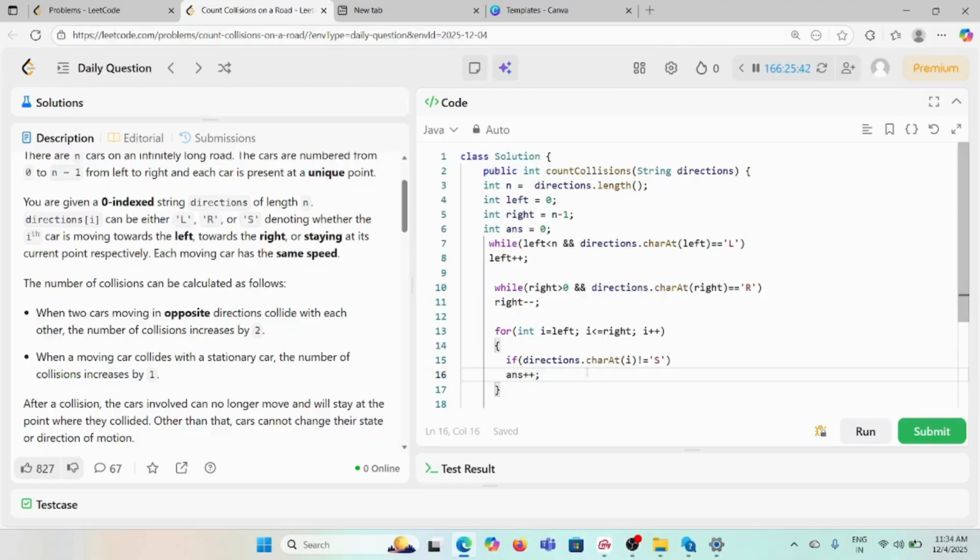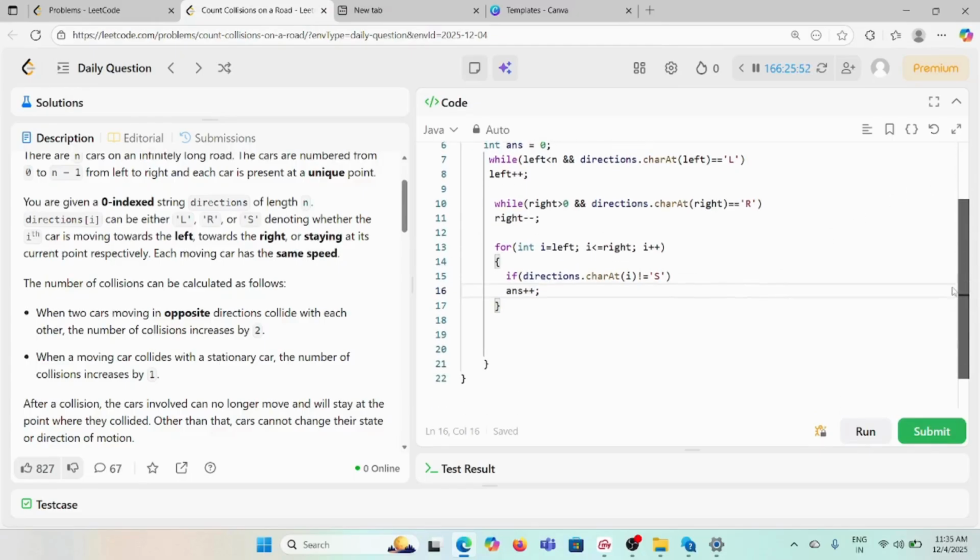Whoever the moving cars are, anyway they are going to collide, so we are taking the sum of them, regardless of whether it is colliding with a moving or a stationary car. Effectively it would be the sum of the moving cars only. So that is why if directions.charAt(i) is not equal to S, we make answer plus plus, and finally we return this answer.